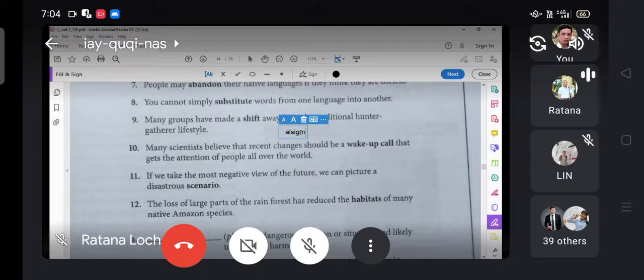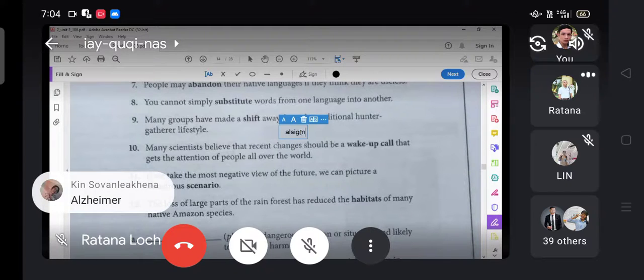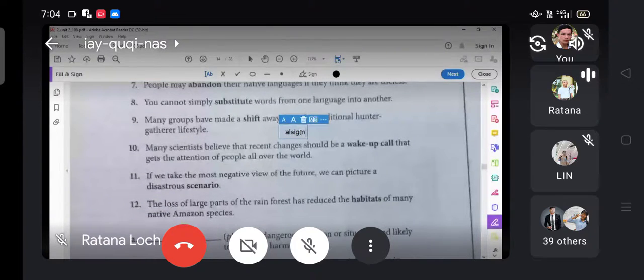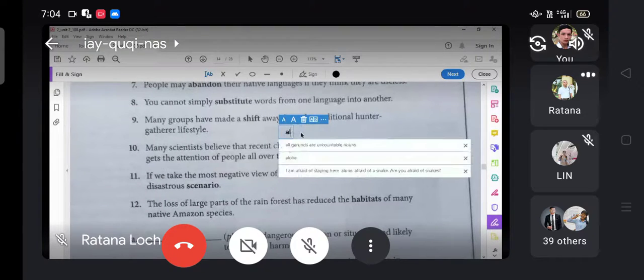I just know that Alzheimer means a mental disease, some kind of mental dementia, something like that. Okay, so I will tell you later. After the class I will check the dictionary. Sorry, Alzheimer, right?